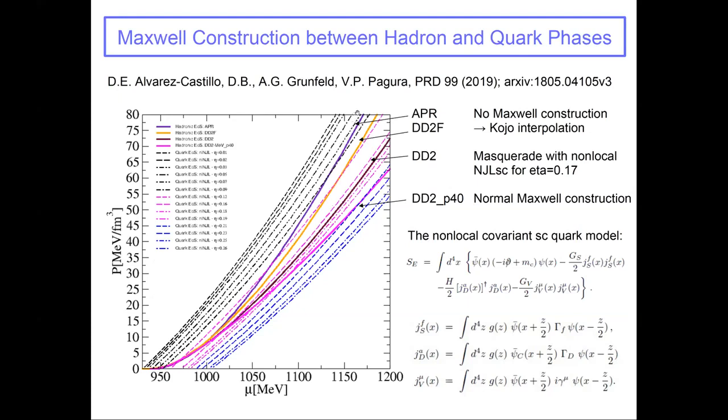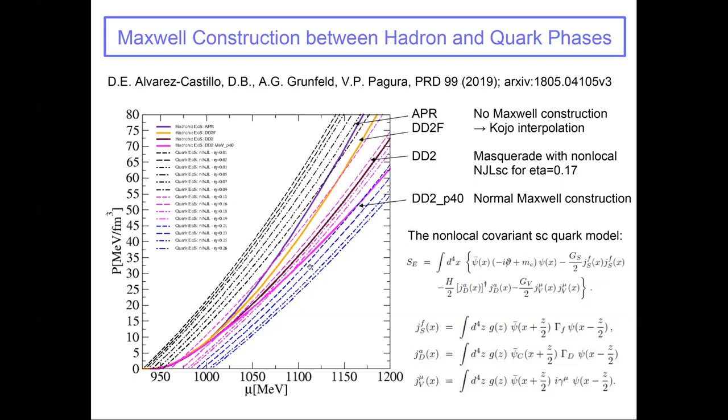Now, when we overlay these hadronic equations of state with a series of these non-local chiral quark model equations of state, which are ordered according to their stiffness, the stiffest ones are the blue ones, in the middle are the magenta lines, and the softest are the black lines.